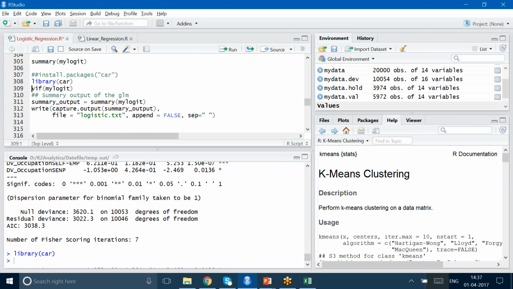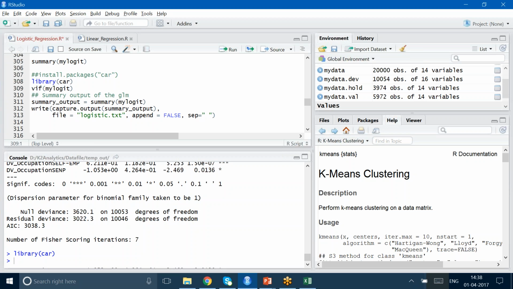In linear regression, we already saw that using a package, we can compute the variance inflation factor. If VIF is above 5, which means there is collinearity, two or more variables are collinear.